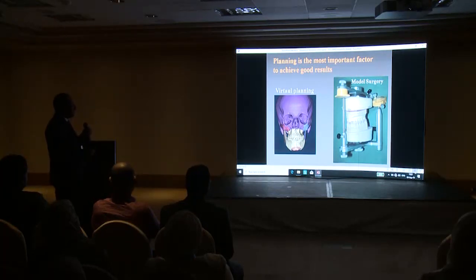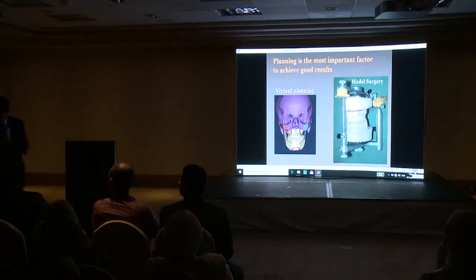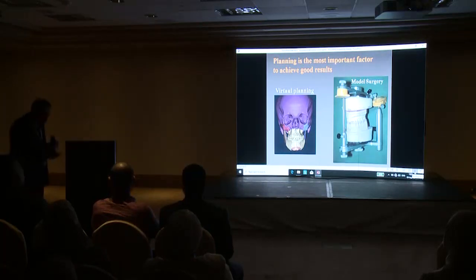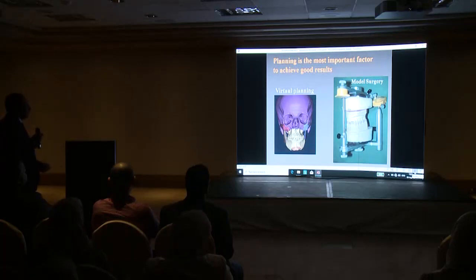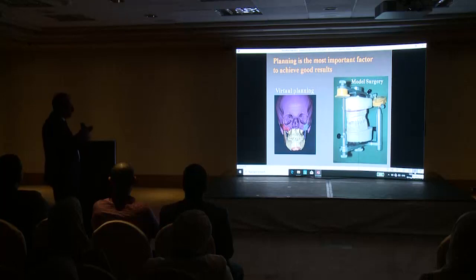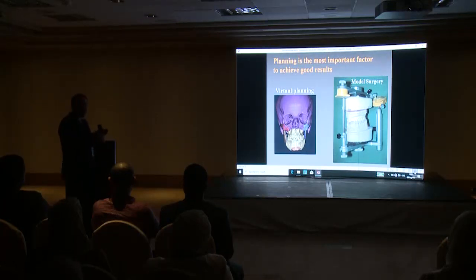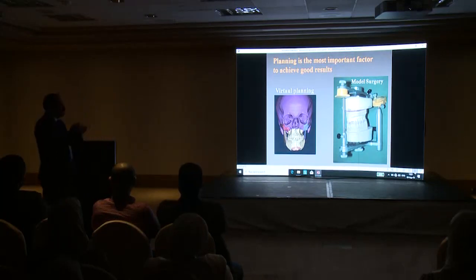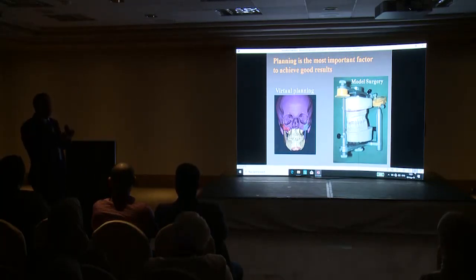This is a very time-consuming procedure, and sometimes we have errors because we separate the tooth-bearing area from the base of the model, and putting it in three dimensions is not easy.